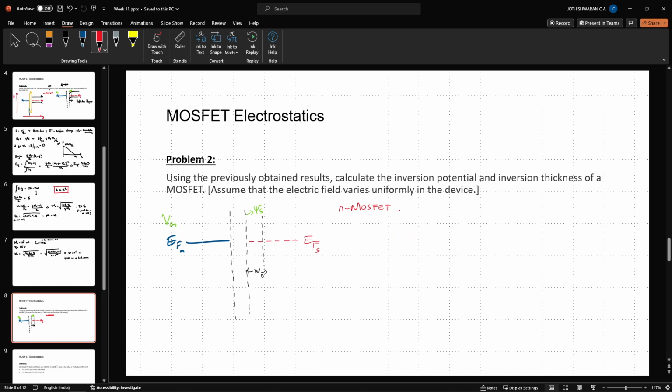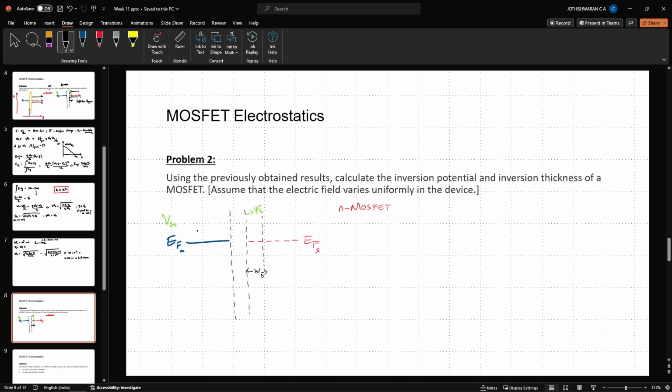Since they're N-doped materials, I would expect that conduction will be free only if the channel also has the same doping behavior as the source and drain electrodes. So I would want a particular region in my device to now behave as an n-type material. Initially the bulk, the substrate, is a p-type material. Now I want it to behave as an n-type material. So how do we achieve that?